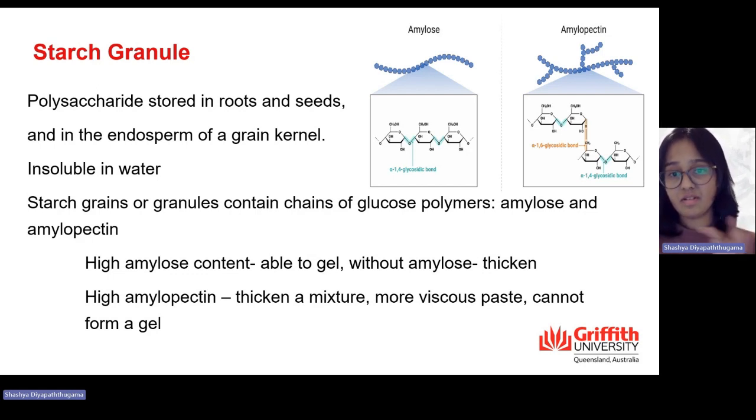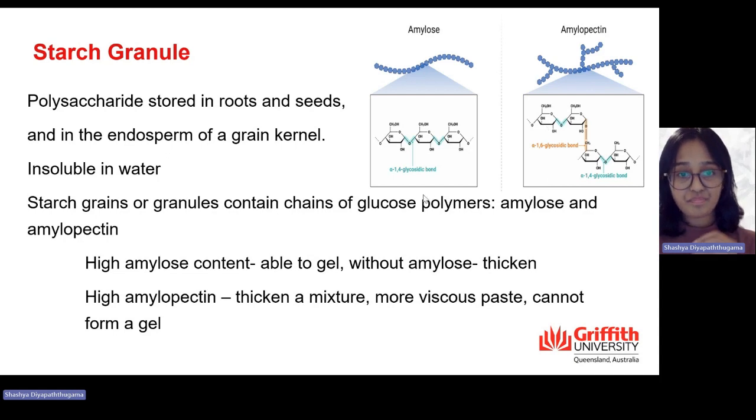So the monomer of the starch is glucose, and the glucose is bound to each other, and this can be a linear structure like in amylose. They have only alpha-1,4 glycosidic bonds and it forms a linear structure, or this can be a branch structure like in amylopectin, which has both alpha-1,4 glycosidic bonds and alpha-1,6 glycosidic bonds.